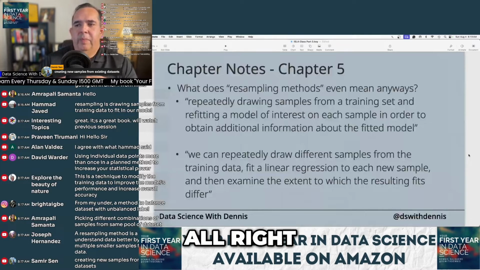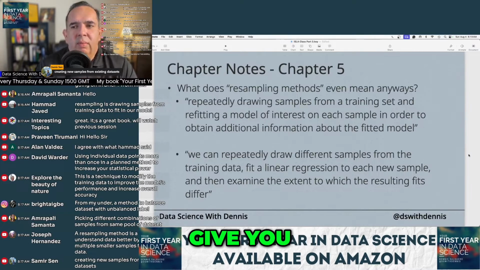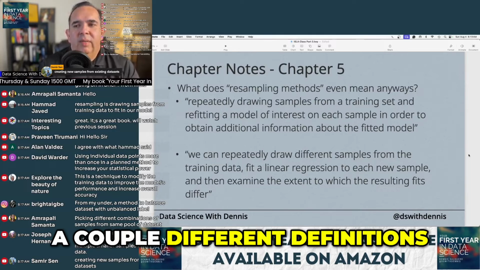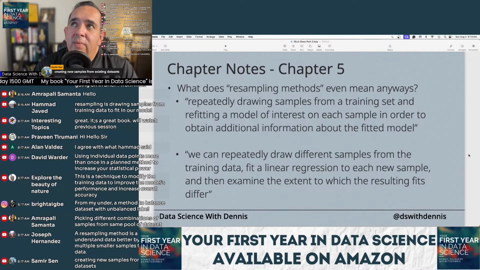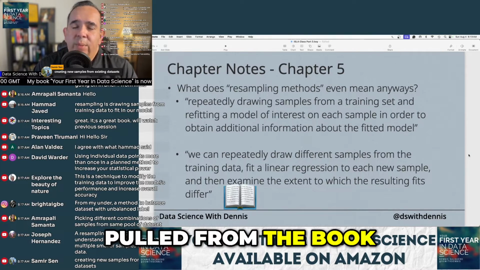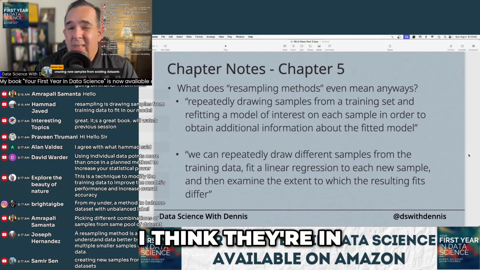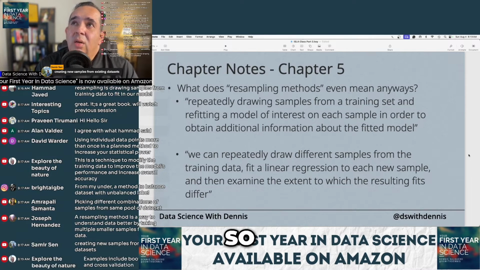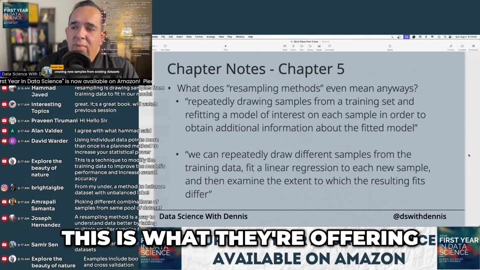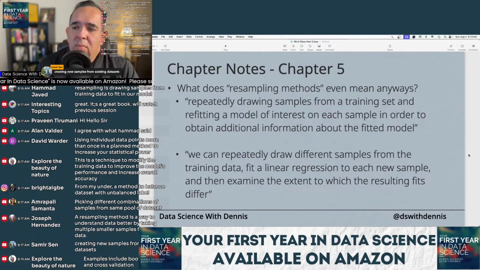All right, so I'm going to give you a couple different definitions that the authors give. These are two items that I've pulled from the book. These are directly in the book, and in fact, I think they're in the first section. So this is what they're offering. What do you guys think?